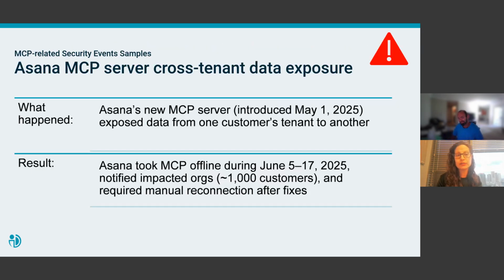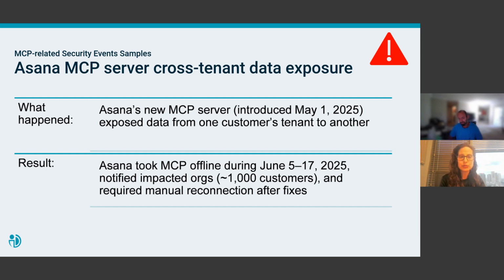I think one of the most common ones is the Asana MCP server cross-tenant data exposure. That happened not so long ago, where Asana introduced an MCP server, but they failed to filter the data according to the tenant of the owner, and that led to exposure of data from one customer to another, just because the right controls were not introduced properly.